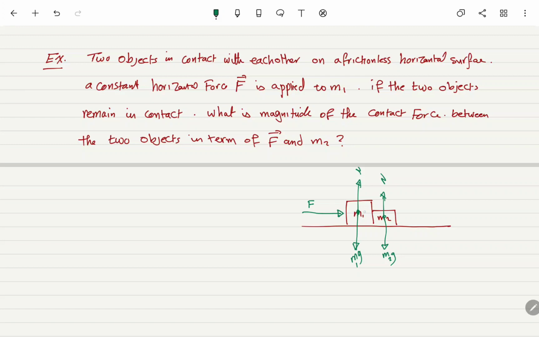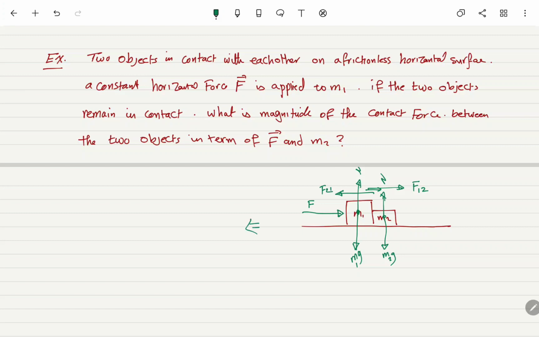As Newton's third law states, wherever you have an action, there is a reaction. So forces come in pairs, which means M1 acts on M2 by F1 on 2, and M2 acts on M1 with the same magnitude but in a different direction, F2 on 1.